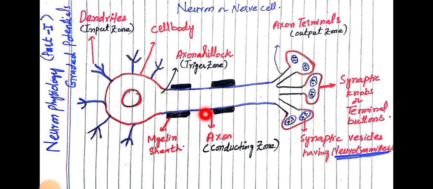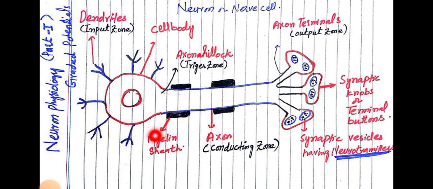Axons may be covered with a sheath of lipid called the myelin sheath. When axons are myelinated, they have a myelin sheath, and when axons are unmyelinated, they are called unmyelinated neurons. They do not have a myelin sheath.